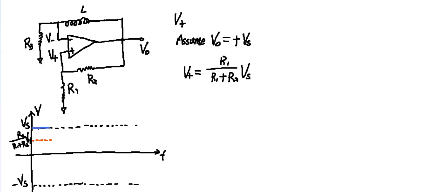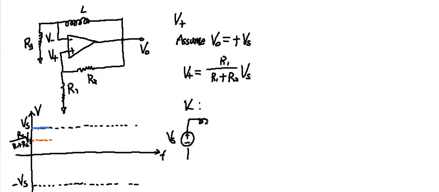Next, let's consider what happens to V minus. Since V minus is also on the feedback loop, there is a resistor and an inductor. So for simplicity, let's draw the equivalent circuit. The voltage comes from the output voltage, which is positive Vs, that comes from VO.